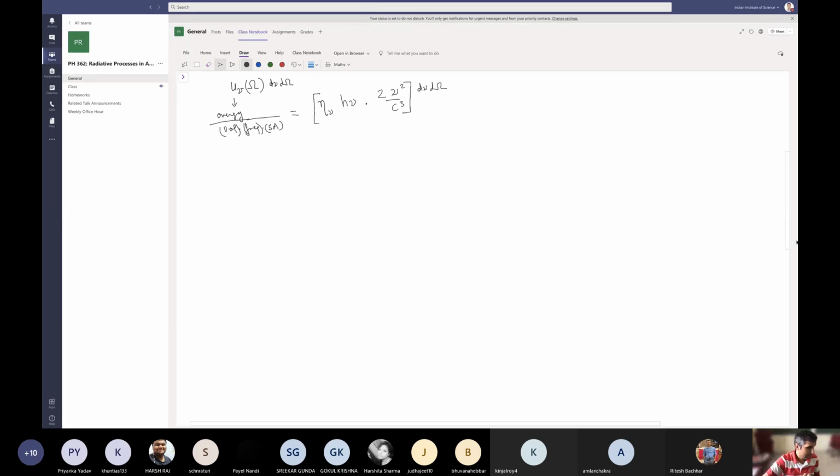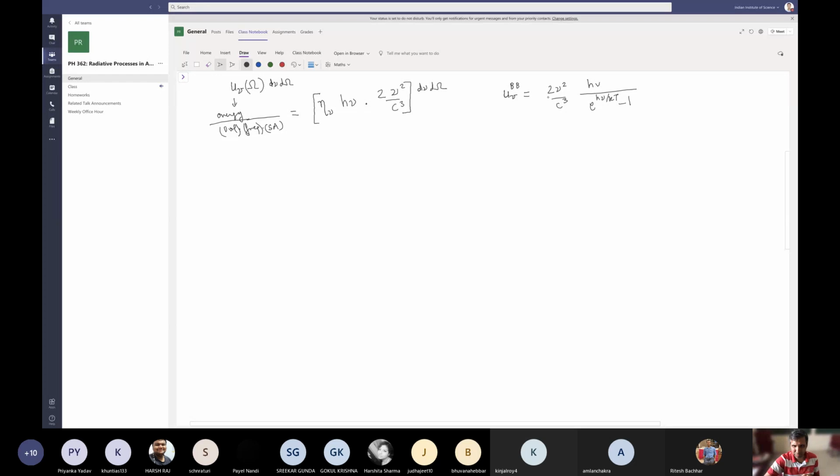So u nu, the energy density for a black body from these considerations, is equal to 2 nu squared by c cubed times h nu by e to the h nu by kT minus 1.